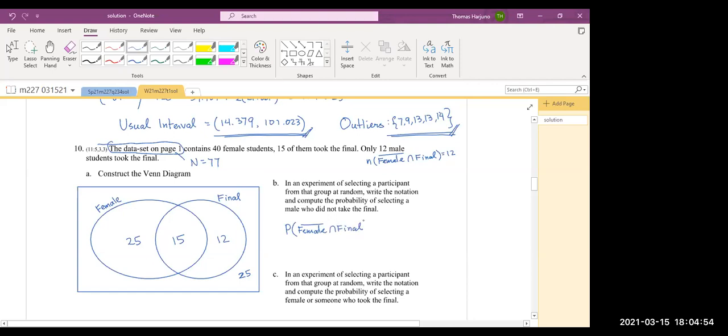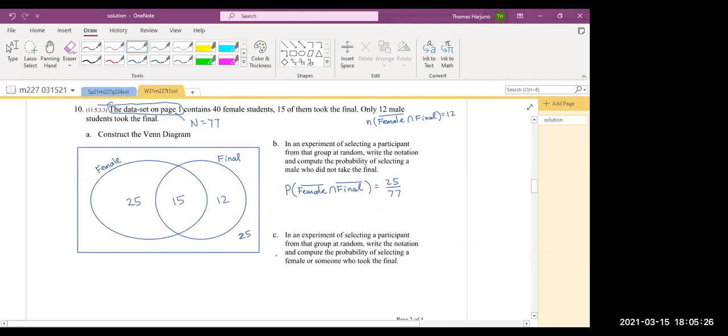That's the 25 we talked about earlier, 25 out of 77. The probability is 25 male not taking the final out of 77 students in total.